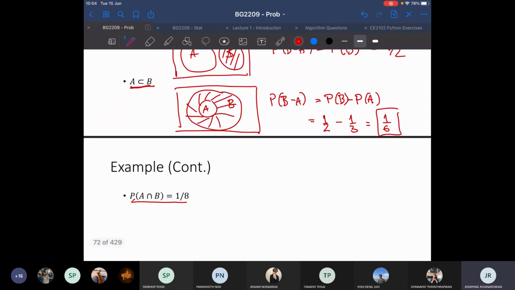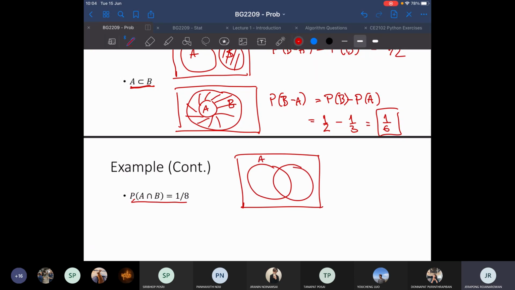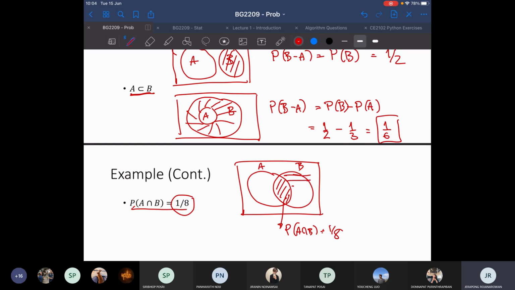On the other hand, if you have an intersection, it's gonna look something like this, right? The intersection of A and B here is 1 over 8, so P(A intersect B) is 1 over 8. In this case, you want only this part, P(B minus A). According to the figure, it's P(B) minus P(B intersect A), or A intersect B, the same thing.